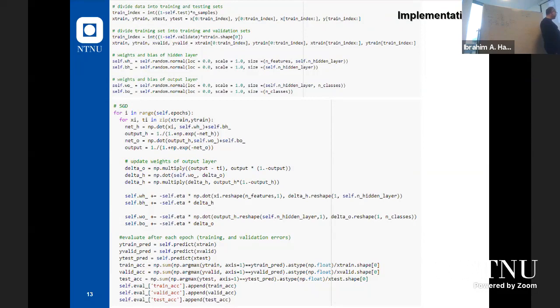And this one, it's just for evaluating after each epoch. In each epoch, we make this evaluation, we predict for x because I need to plot. So after each epoch, I will apply the X train.